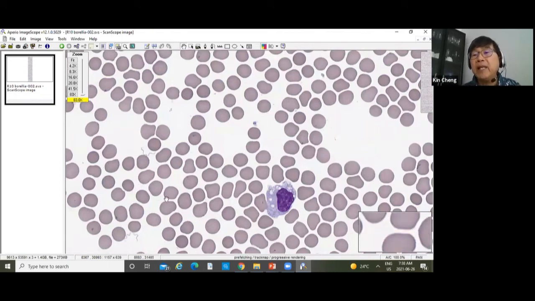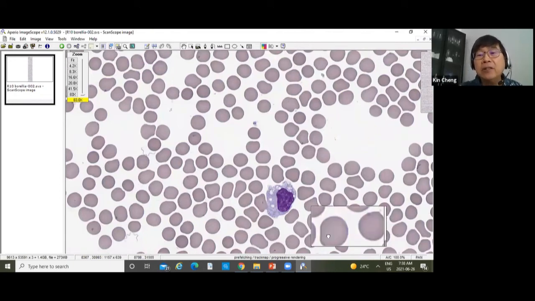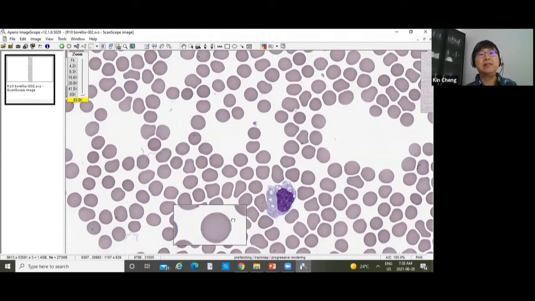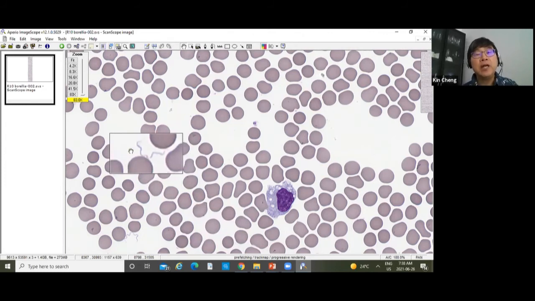Right? But then, if I'm going to tell you what I see. Okay, if you look closer, if you just look at it and say, oh, this doesn't have a lot here on the slide. But don't forget, if you are a good technologist, you're able to pick up there is a little wiggly thing there. You may just dismiss that, oh, this is nothing. This could be just contamination.